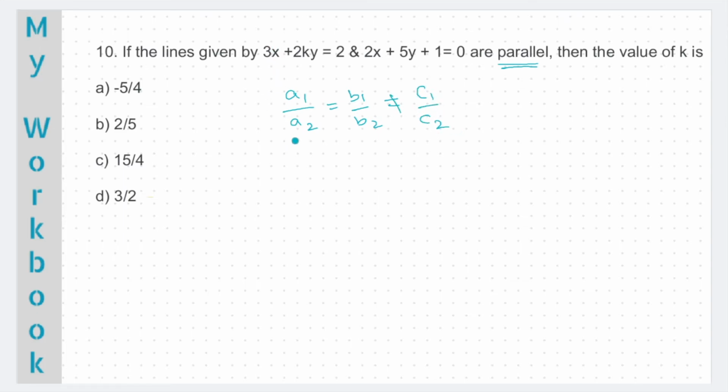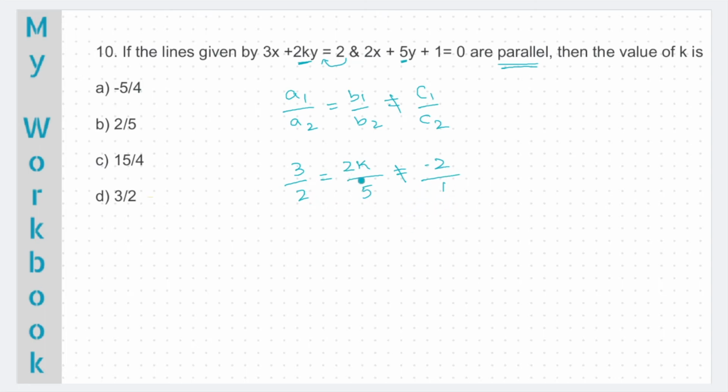So a1 by a2 is 3 by 2 is equal to b1 is 2k, coefficient of y in the first equation is 2k divided by coefficient of y in second equation is 5. Should not be equal to constant c1 is, if 2 is brought to the left hand side, it will become minus 2. Here it's already in the left hand side, so we can take it as such, plus 1. So minus 2 by 1.